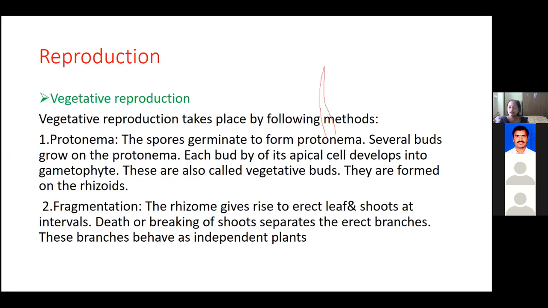ఓకే, సో జనరల్ గా మనకి మార్కాన్షాలో ఆంథోసిరోస్ లో ఏం చెప్పాము, స్పోర్ నుంచి డైరెక్ట్ గా మనకి కొత్త థాలస్ అనేది ఏర్పడుతుంది. కానీ Polytrichum లో spores are going to germinate and it is going to form a juvenile stage or a filamentous plant body.